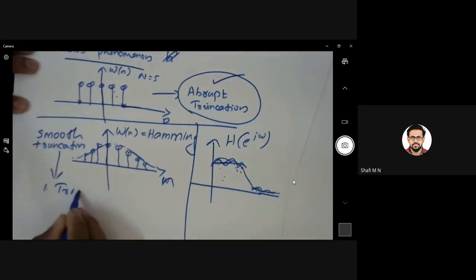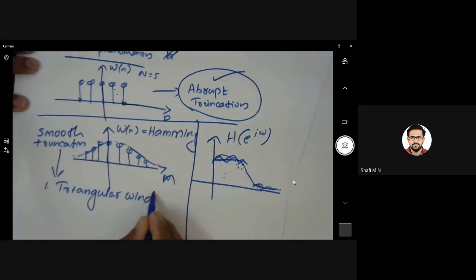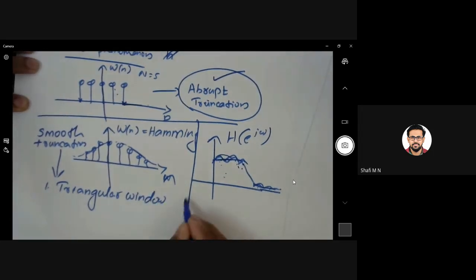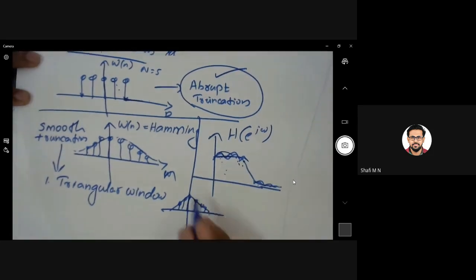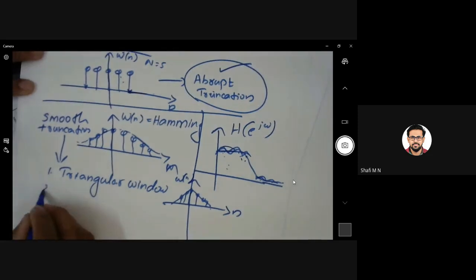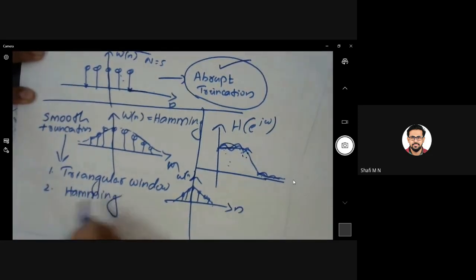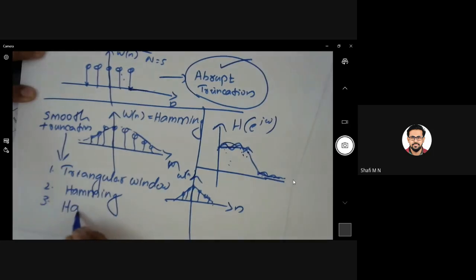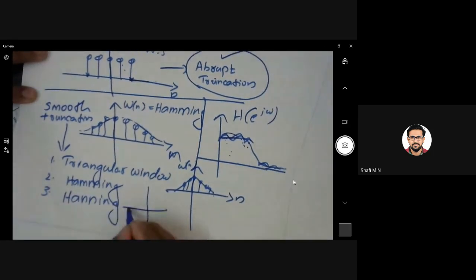One is the triangular window. If I draw the outline, it will be like a triangle. You will have samples like this. This is your triangular window. Then another is the Hamming window, H-A-M-M-I-N-G. The third one is the Hanning window, H-A-N-N-I-N-G. Both of them look similar in shape.